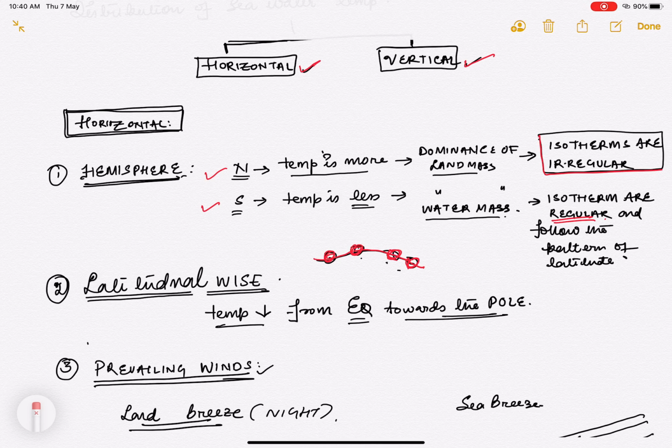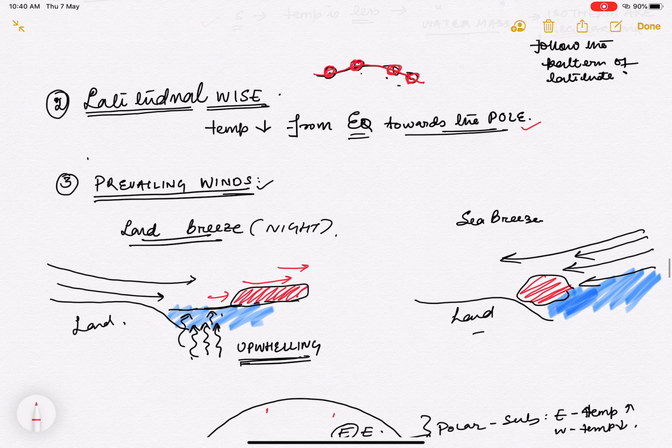Next, latitudinal wise, first of all, temperature decreases from the equator towards the pole. This is an obvious thing. Next, prevailing wind. First of all, we have the idea of sea breeze and land breeze. First understand the sea breeze.